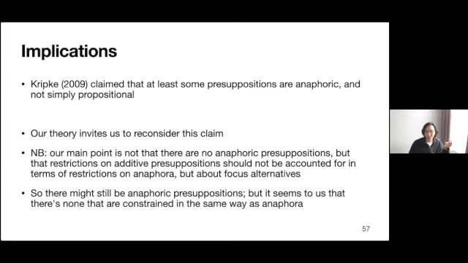Because our theory basically opens up the possibility that there's no such thing as anaphoric presuppositions. And it seems to us that that's maybe the case, right? It looks like, I mean, in the sense that we don't seem to have a phenomenon that's restricted in the same way as pronominal anaphora in the domain of presuppositions. So in that sense, we think that there's no such thing as anaphoric presuppositions.